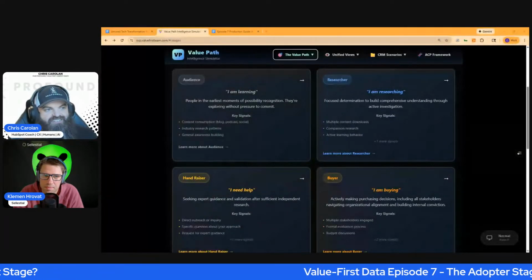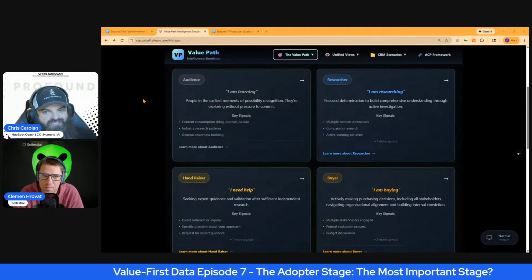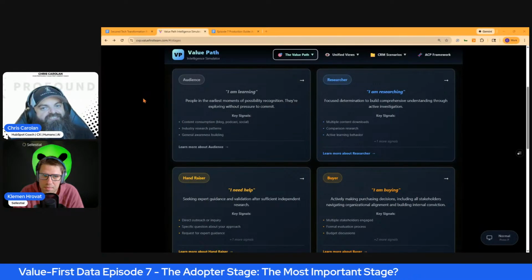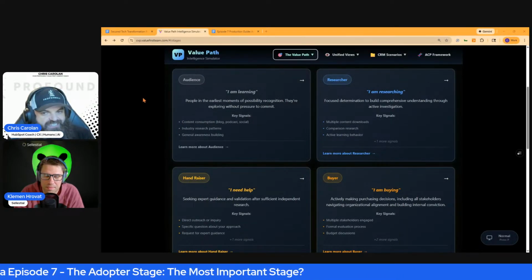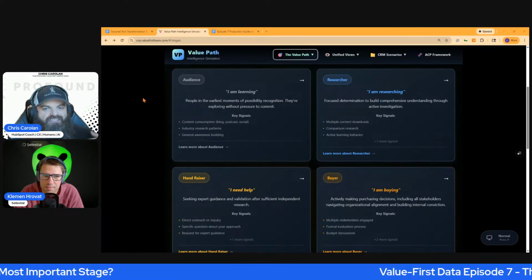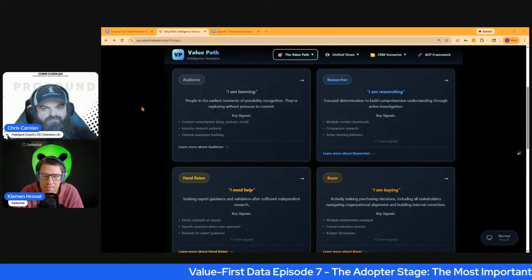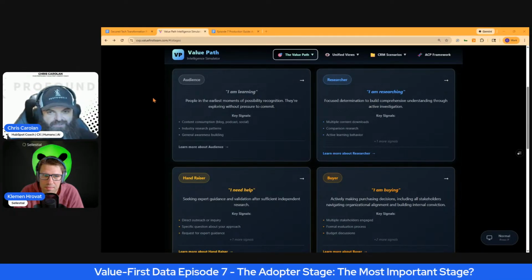I want to show people what we're talking about. If this is your first episode, what the hell is the value path and why is it easy to understand, right? Because we're using words that describe the human being outside of our company. There's also internal moments, right? Any human being has these 8 stages that they can go through in a relationship where value creation is trying to happen, right?